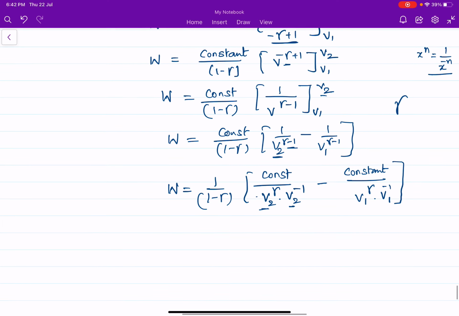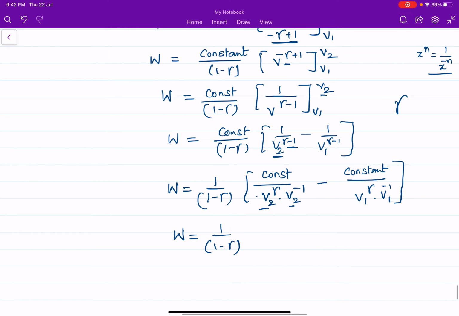Now I can replace the constant with P1 V1 power gamma or P2 V2 power gamma accordingly. Here the V2 term is there, so I am writing the constant as P2 V2 power gamma divided by V2 power gamma into V2 power minus 1, minus this constant replaced with P1 V1 power gamma divided by V1 power gamma into V1 power minus 1.